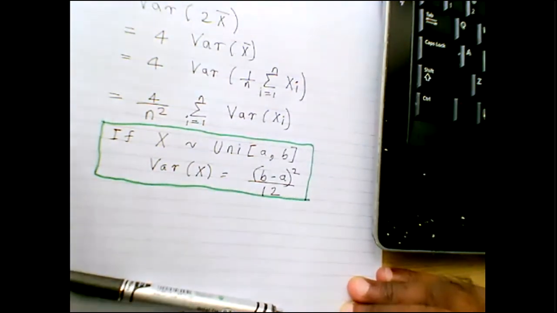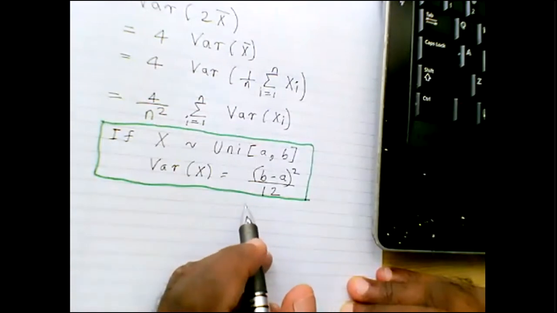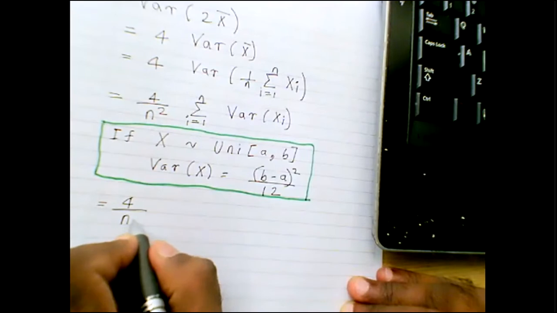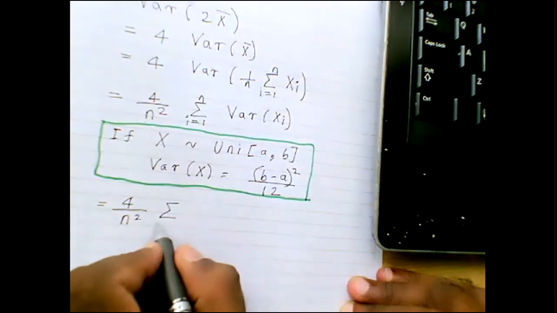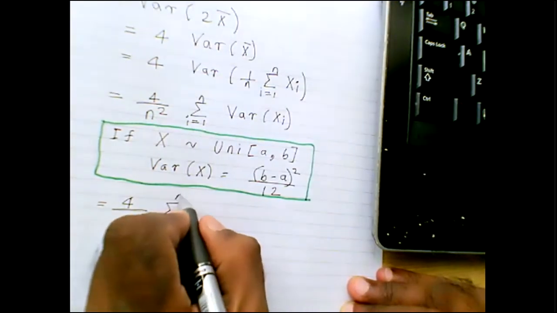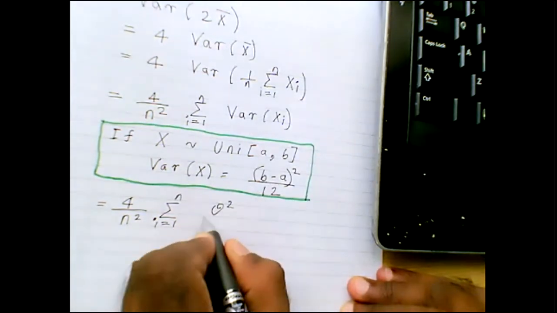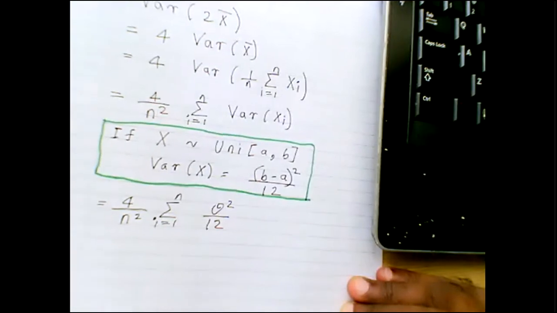Okay. Now, if you use this formula, you get 4 divided by n squared times the sum from 1 to n of this guy here, which becomes theta squared divided by 12, right?